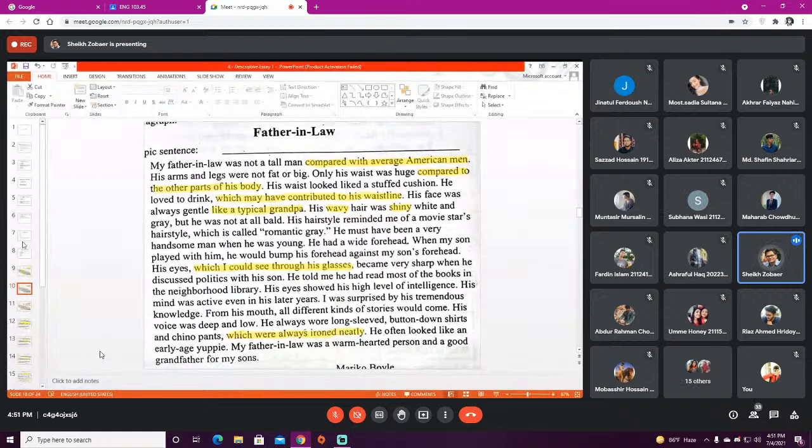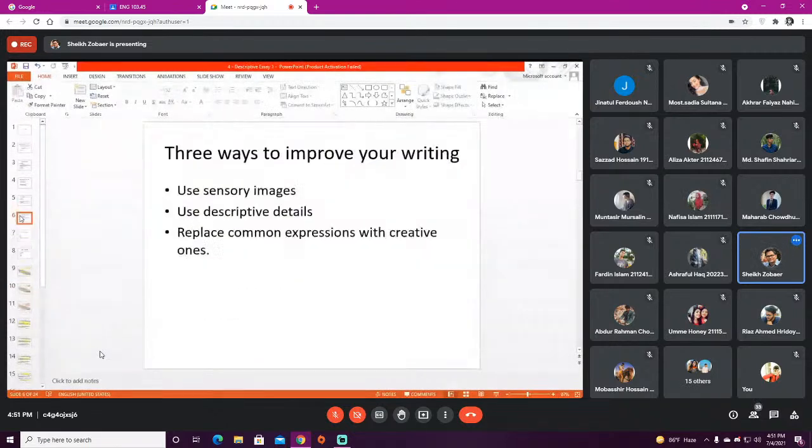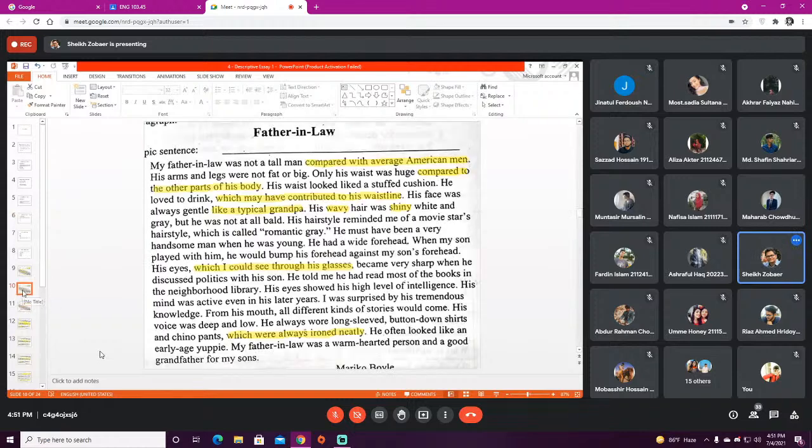Let's talk about the third technique, which is how to replace common expression with creative one and the effects of that. Okay, let's focus on these red rectangular sections. Red marked area.